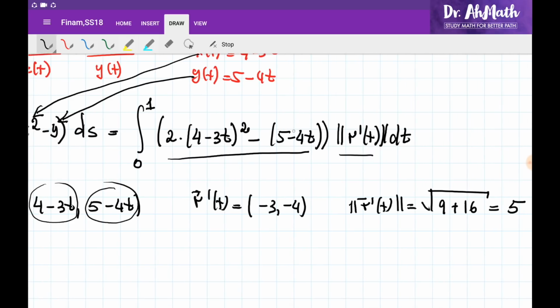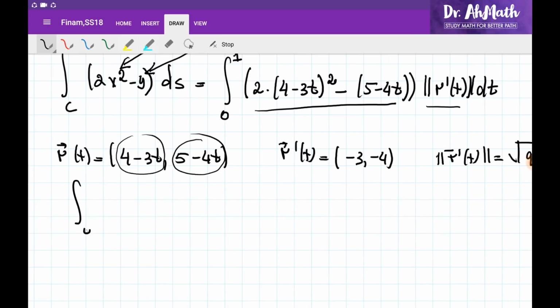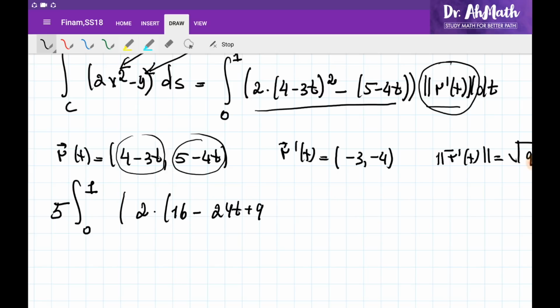So now let's try to simplify this expression. It's going to be the integration from 0 to 1 multiplied by the square root of 25, or simply 5, which is the norm of r prime of t. Now let's open up the brackets. It's going to be 2t multiplied by the square of this term, which is 16 minus 24t plus 9t squared, minus 5 plus 4t.